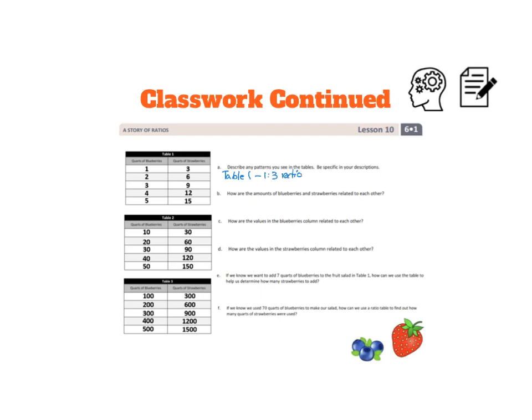They're all 1 to 3 ratios. In the second table, table 2, now I've got the first column increased by 10, and then the second column is increased by 30.